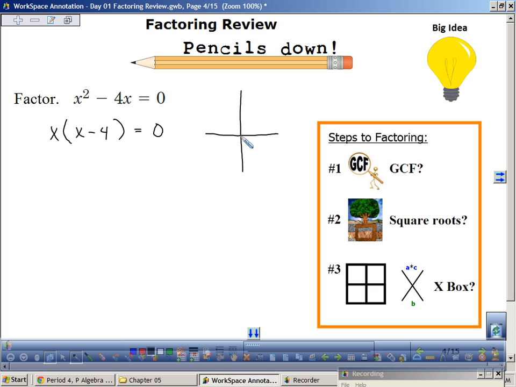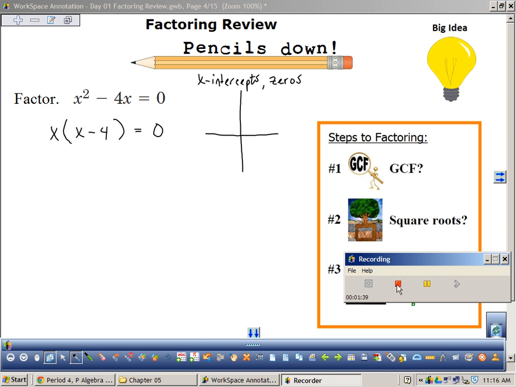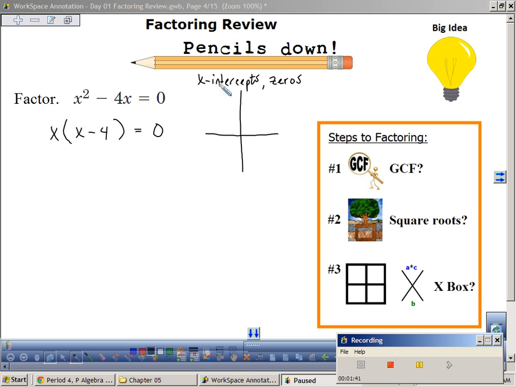That's also called the x-intercepts, or you may recall zeros. In order to find the zeros, we set everything equal to 0. Okay, so x-intercepts and zeros.